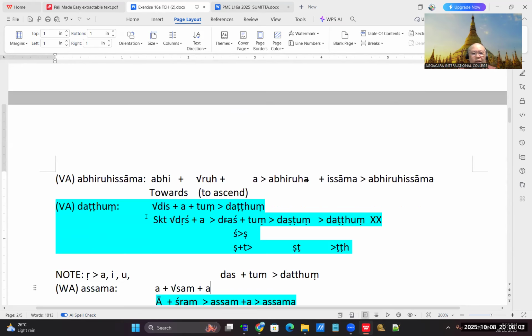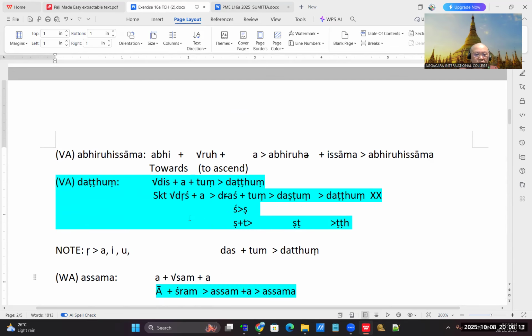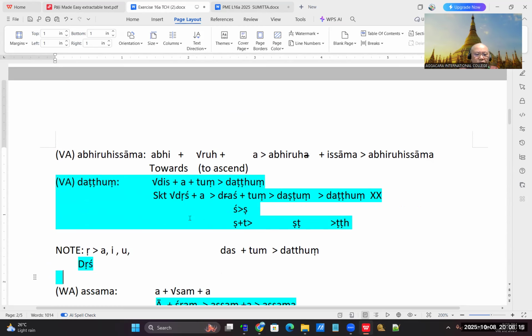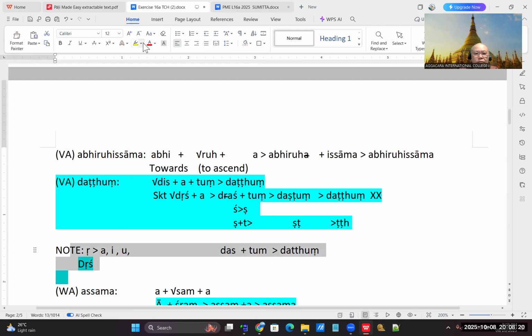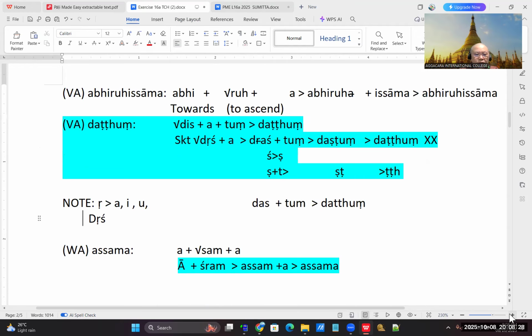Now, how do we get this datum? I remember when I learned Sanskrit, this dris. Now this dris, from the Sanskrit, is the only way we can explain it. How come this becomes datum? You would expect atum or tum.